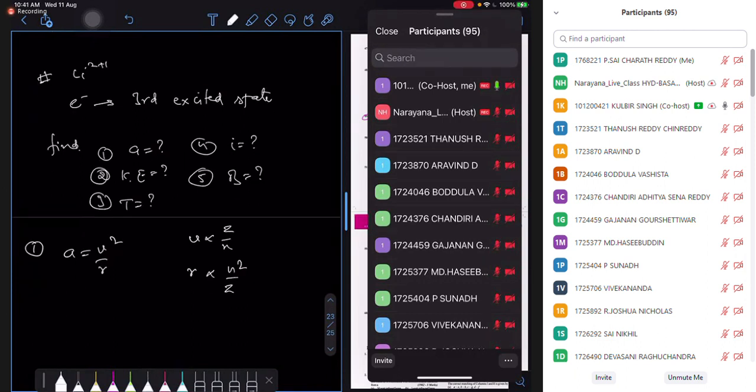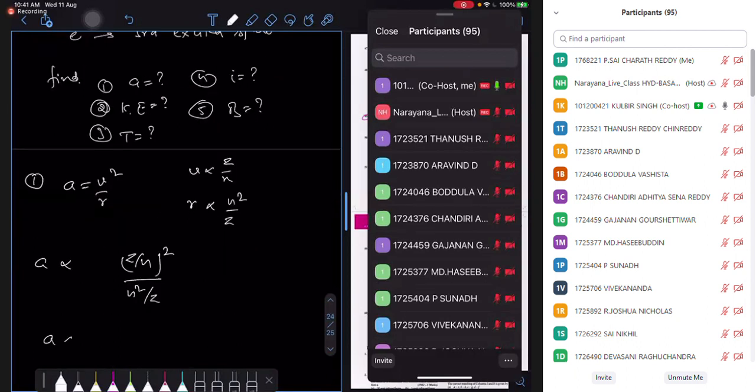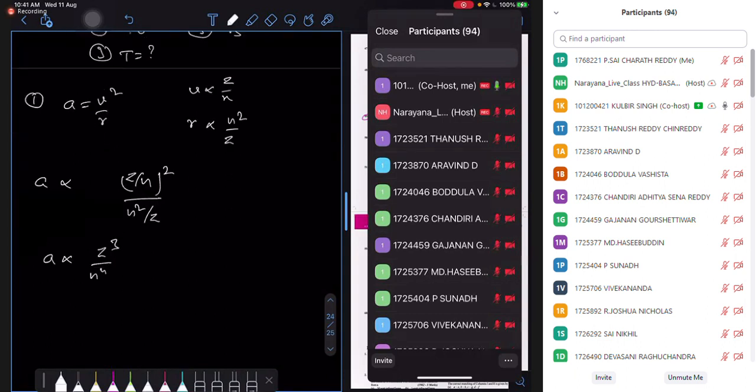The velocity proportionality is z by n, and the radius proportionality is n square by z. So I can say my acceleration is proportional to z cube by n power 4. That's my proportionality.